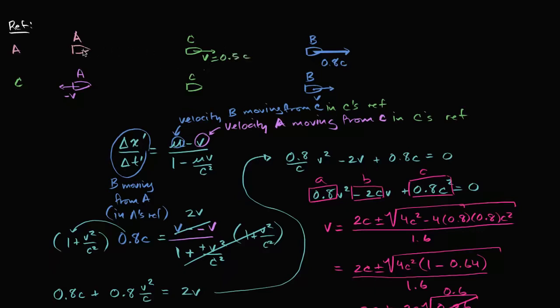And from A's frame of reference, it looks like C's velocity is closer to B's than it is to A's, but we're dealing in this relativistic, this Einsteinian world, because if we then go into C's frame of reference, it actually looks like A and B are both leaving C with a speed of 0.5c. So here you can view the velocity as positive 0.5c, and here you could say the velocity is negative 0.5c. This was really cool.